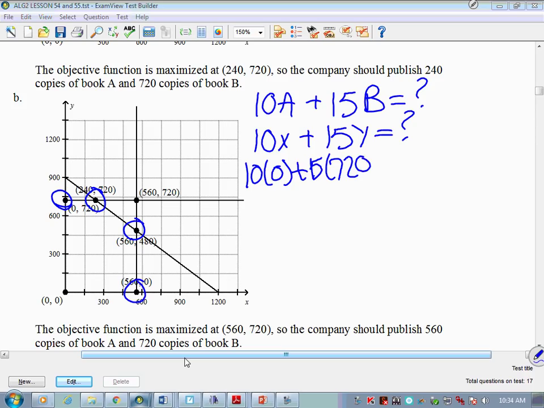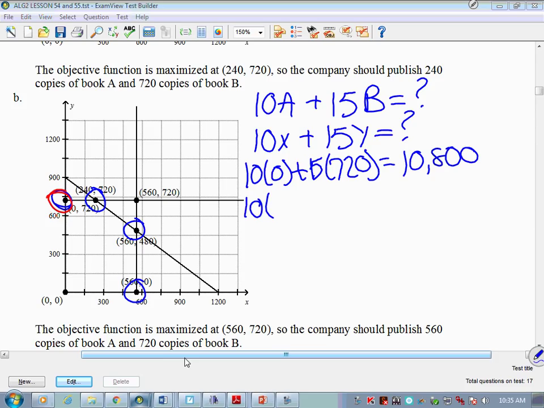You guys are going to help me out here. We know 10 times 0 is 0. What's 15 times 720? 10,800. So that's this guy right here. If I make 0 of book A and I make 720 of book B, my profit's 10,800, which sounds good, but it may not be the most. Let's keep going to the next one.